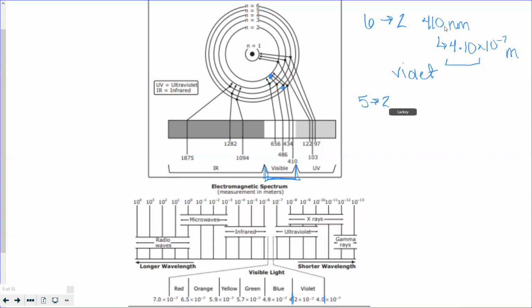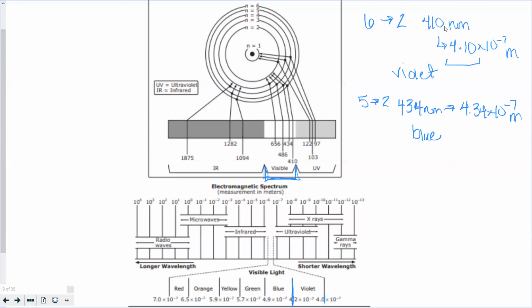That gives off 434 nanometers, which is going to translate to 4.34 times 10 to the negative 7th meters. So 4.34 is going to fall between 4.2 and 4.9. So this will end up being blue light for that electron transition.